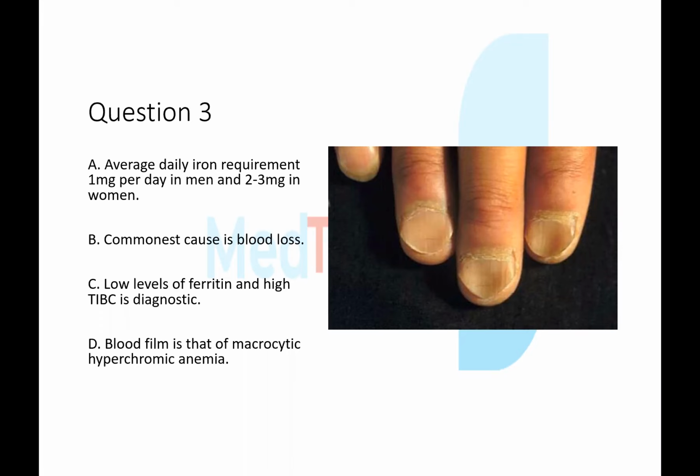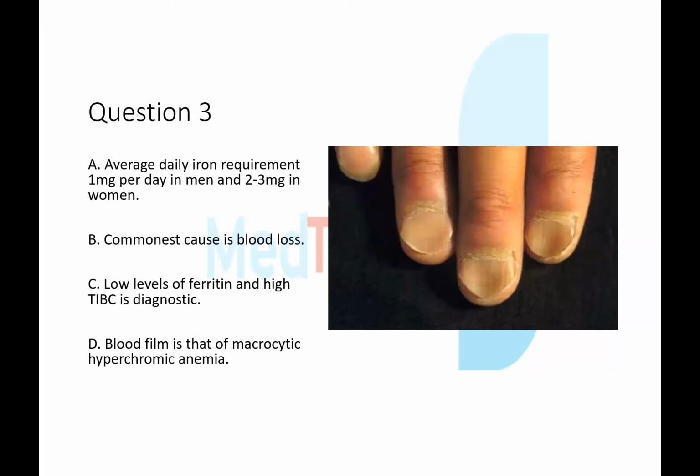Now, total iron binding capacity. In the plasma, there is something that carries iron, the transferrin. If transferrin is not having any iron attached to it, that means that the capacity of transferrin to carry iron is high, because it doesn't have iron attached. So therefore, you need more iron.